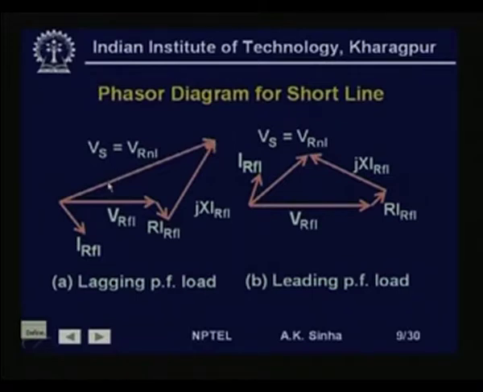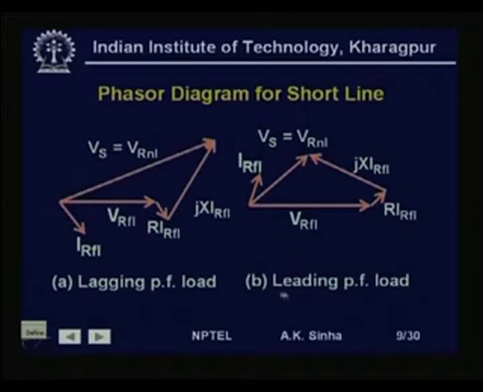That is what we see is for lagging power factor load, where I r F L is lagging V r F L by an angle theta, we get V s, which will generally be larger than V r. That is, there is going to be a positive drop of voltage for this system.